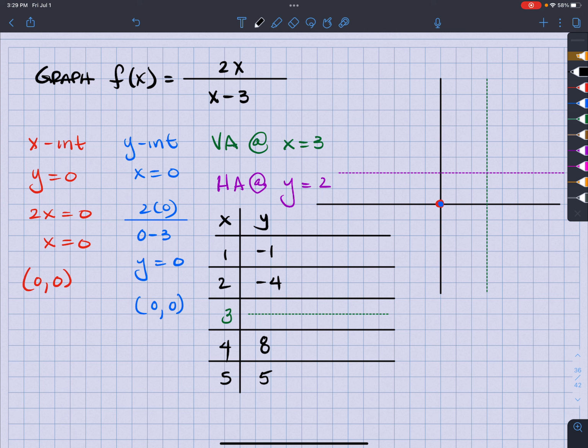All right, so let's go ahead and plot that. (1, -1), okay. (2, -4). And then at 4, it's going to be 8, 2, 4, 6, 8. And at 5, it's going to be 5. Okay, so as I can see here, I'm going to guess that this is going to look something like this.